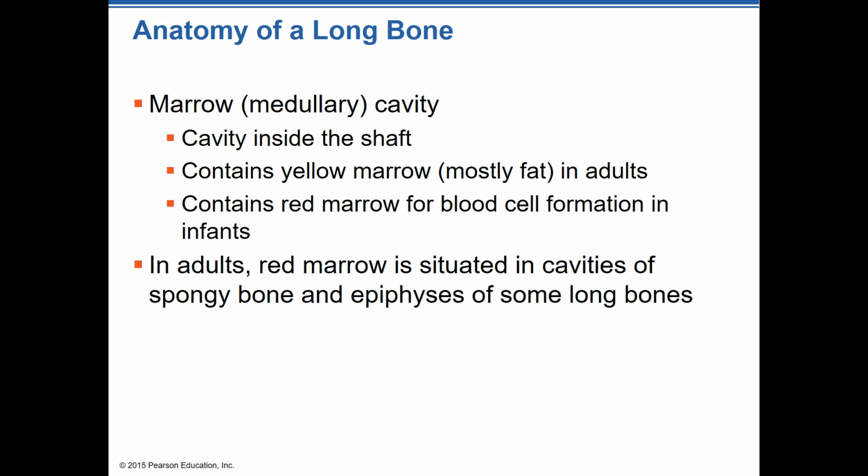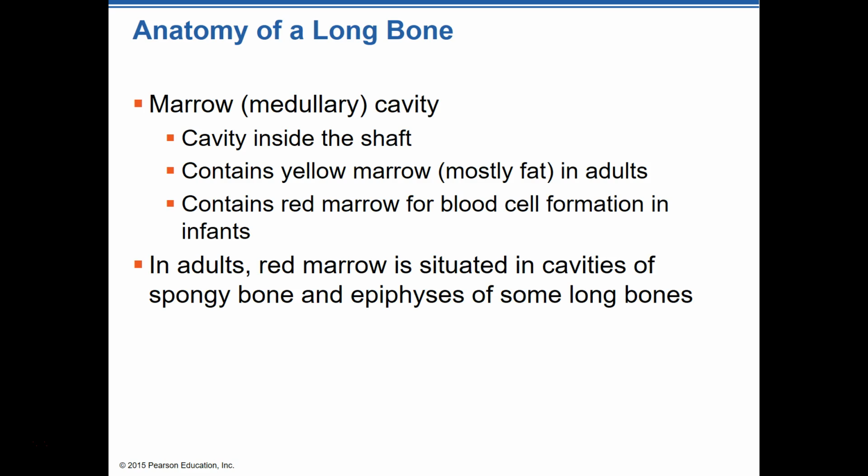Inside of the long bone, we have the marrow cavity. It contains some yellow marrow that's usually fat in adults, and some red marrow that's red blood cell production in infants. In adults, red bone marrow is situated in the cavities of the spongy bone of the epiphysis and of some long bones.